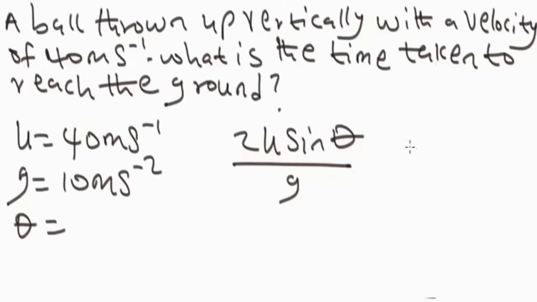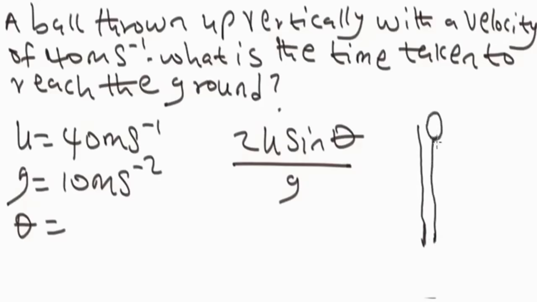Let me show you. Let's say somebody is standing beside this wall, and the person standing beside this wall throws an object according to this question. The person throws the ball vertically. Let's say the ball goes up like this.